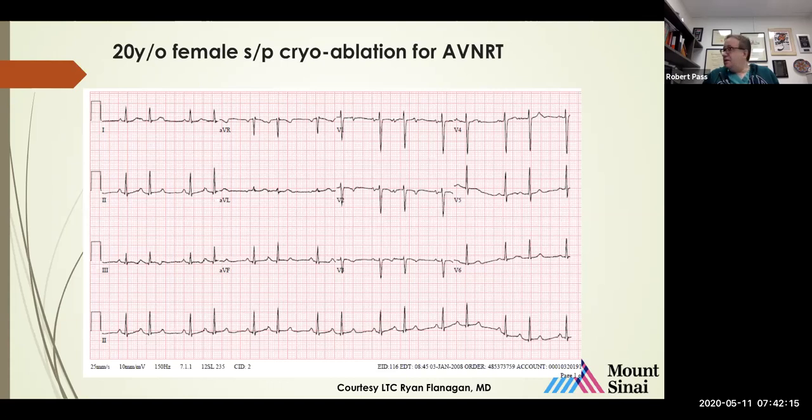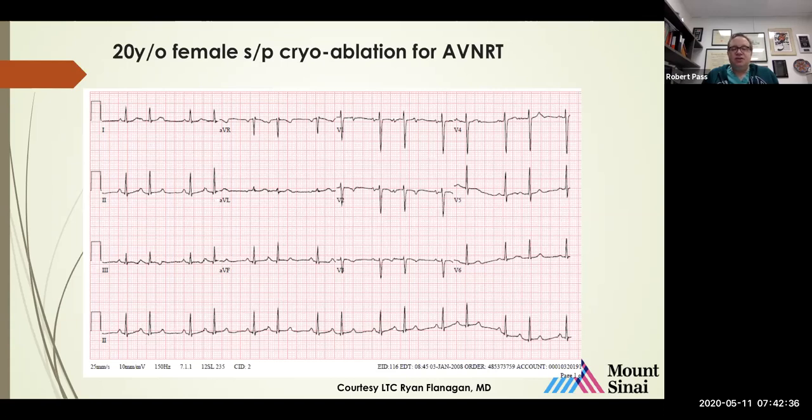Now, the one proviso is if somebody happens to be very, very athletic, sometimes you can have a high vagal tone causing this. But I will tell you, generally speaking, Wenckebach at an atrial rate of about 100 is very unusual.